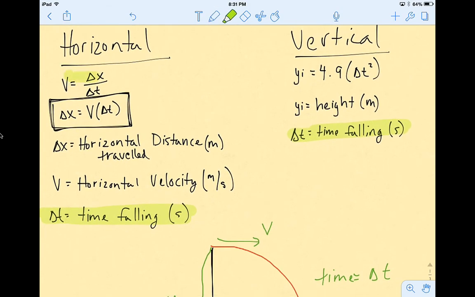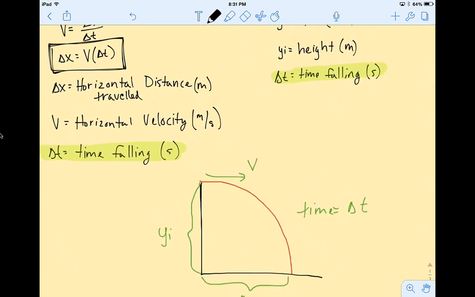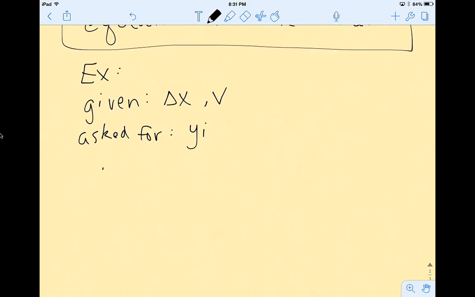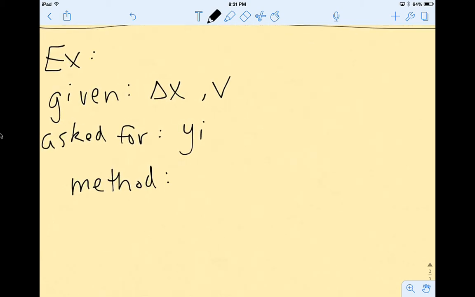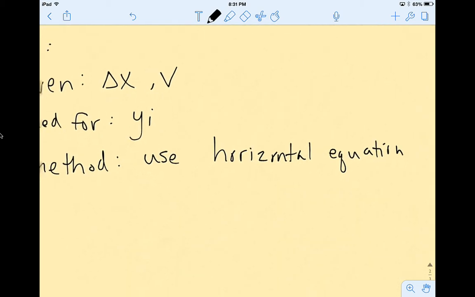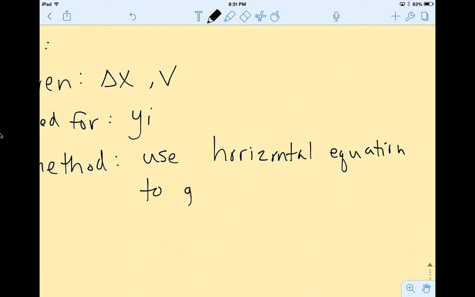So this equation doesn't have delta x, v, and yi, and this equation doesn't have delta x, v, and yi. So my method here is going to be to use the horizontal equation to get delta t.